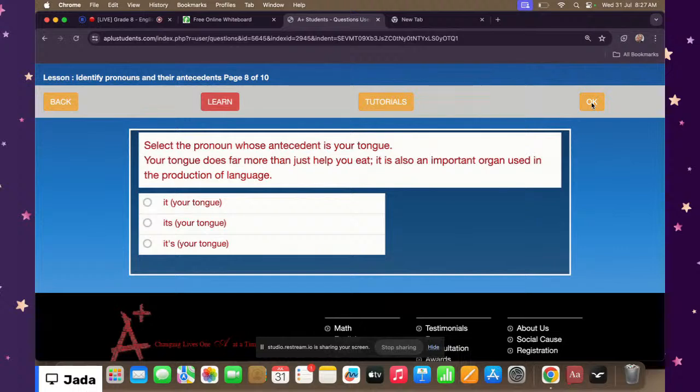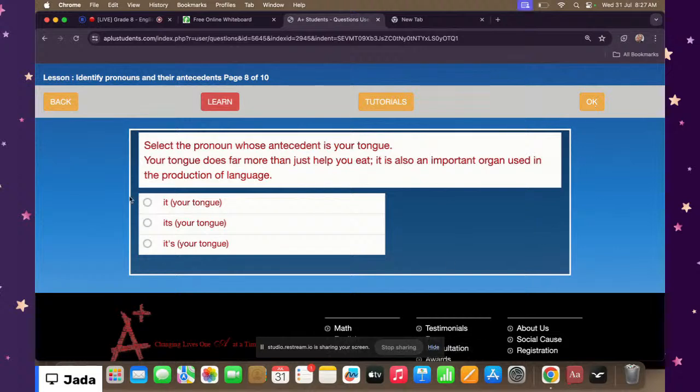Your tongue does far more than just help you eat. It is also an important organ used in the production of language. So, is it "is" or "it"? Which of these is the most suitable pronoun?